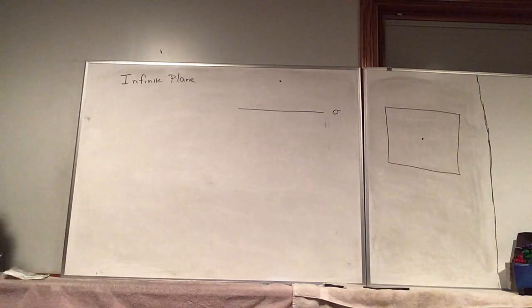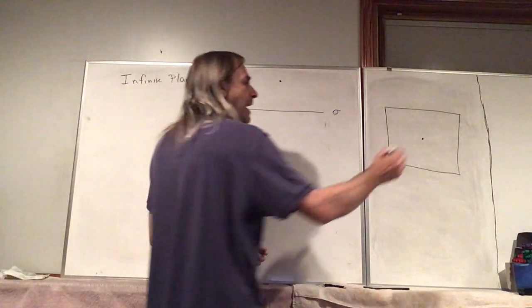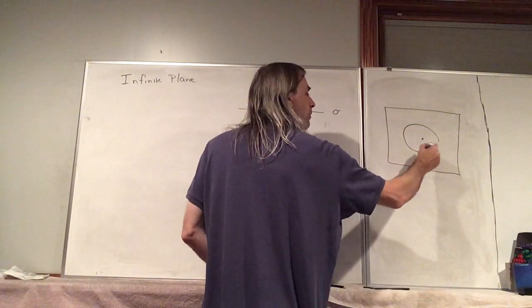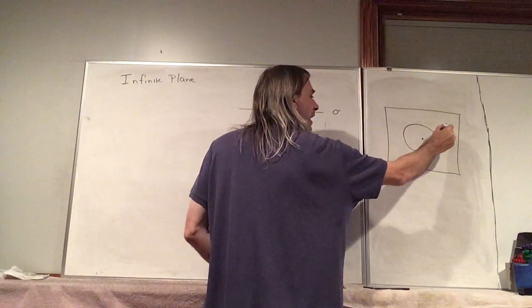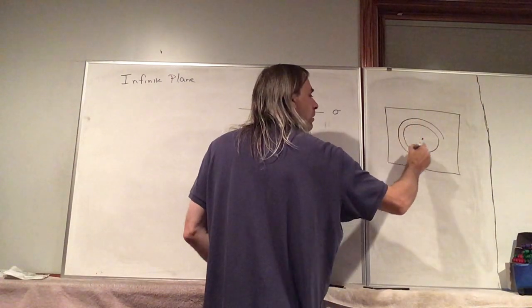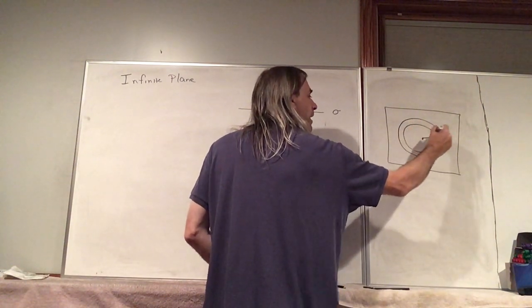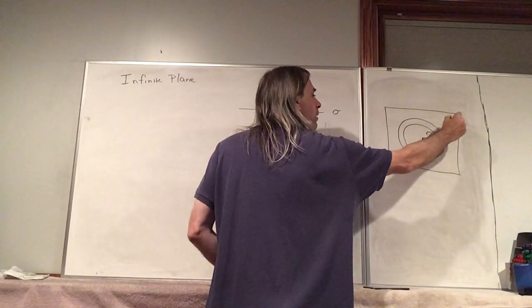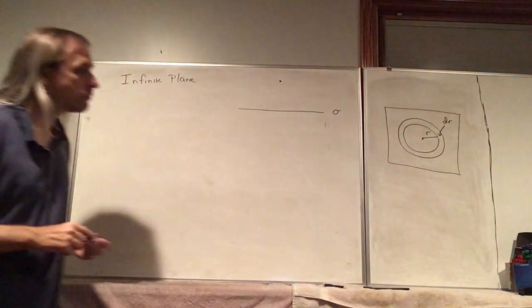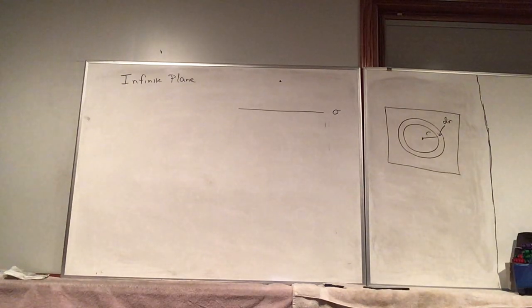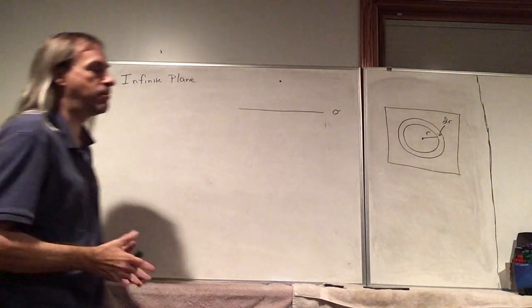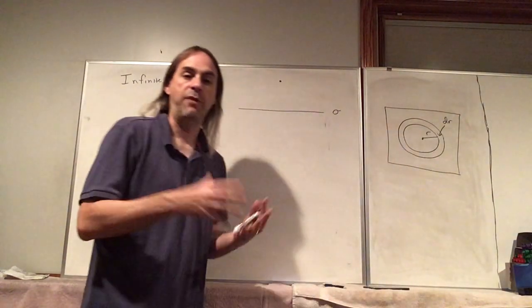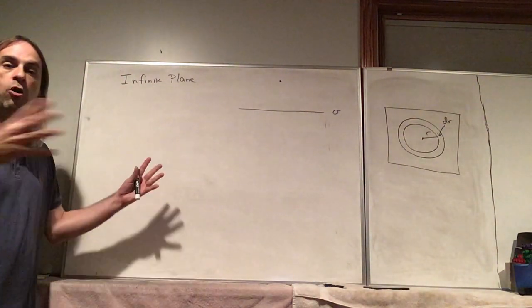And so what we're going to do is look at a ring of charge, a very thin ring that has radius r and thickness dr. We can look at this infinite plane as a sequence of rings of different radii, so we could build up a whole plane.